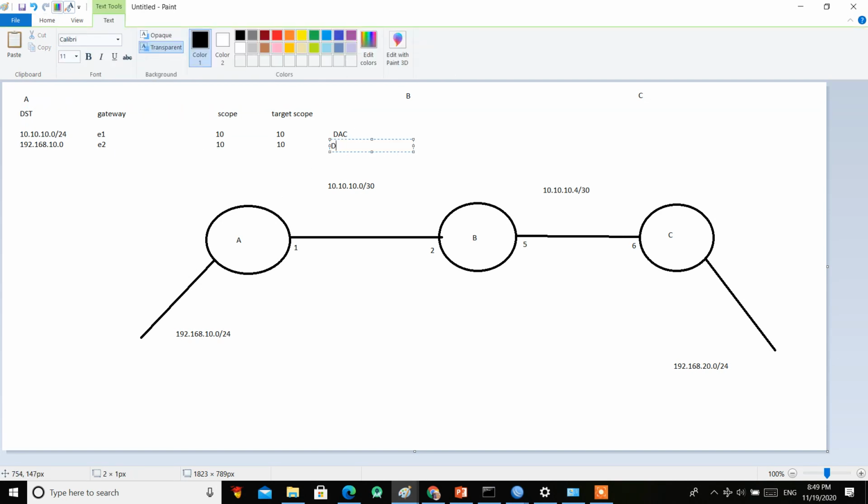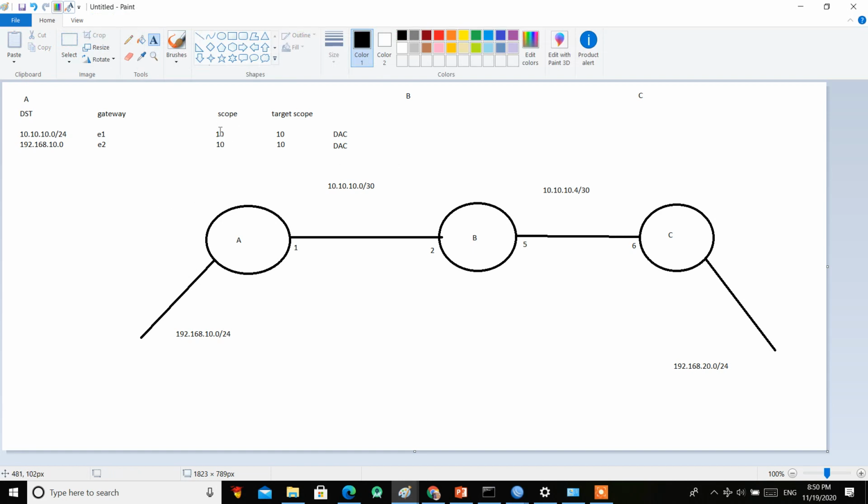Okay, and it is DAC. It means this scope means this is a connected route. This DAC is for you and me, but the router understands from this route that it is a connected route. And if you want to reach the destination, you have to use a connected route.